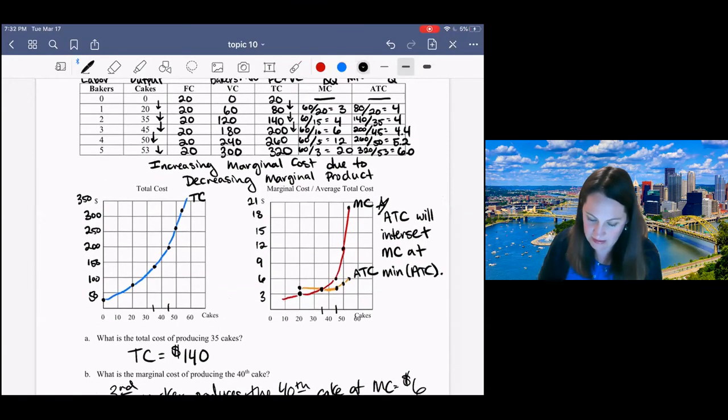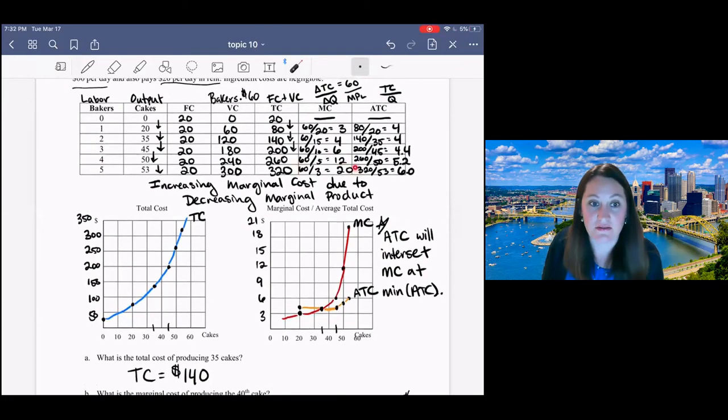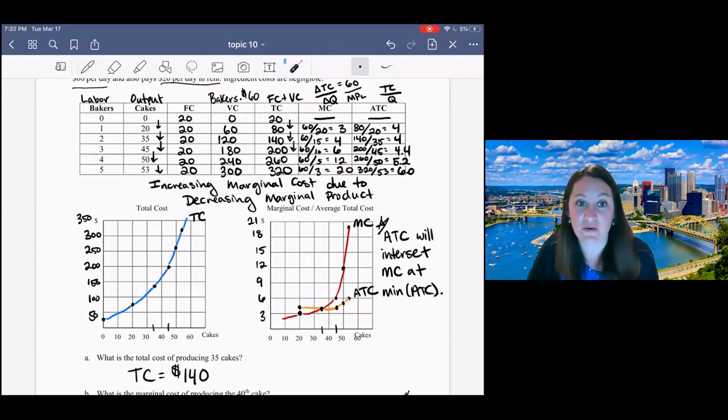Now notice that the marginal cost of those cakes is much higher, right? The marginal cost of the cakes produced by the 5th worker is $20 per cake, right? So average total cost will be useful, but so is marginal cost. They tell us 2 different things about the firm's cost structure, and they can help us think in 2 different ways about the firm's behavior.